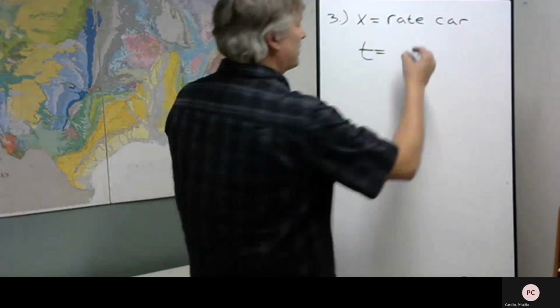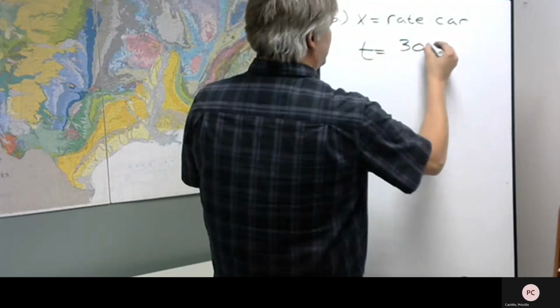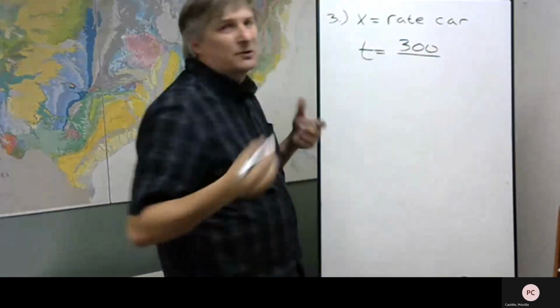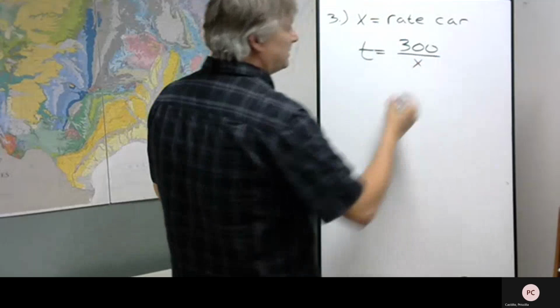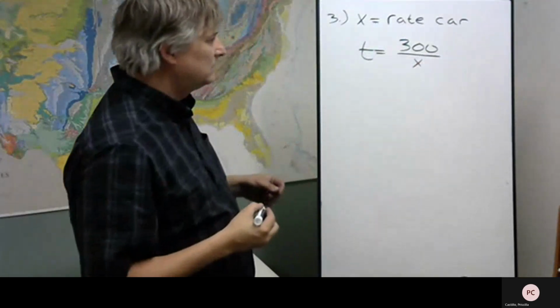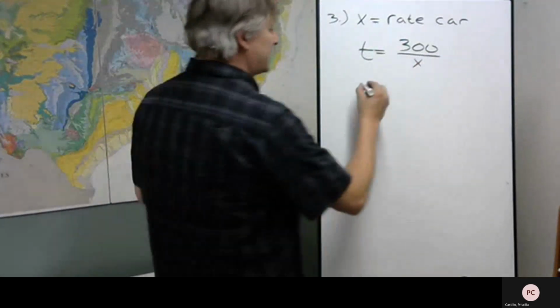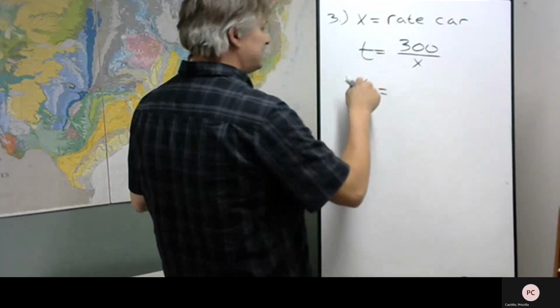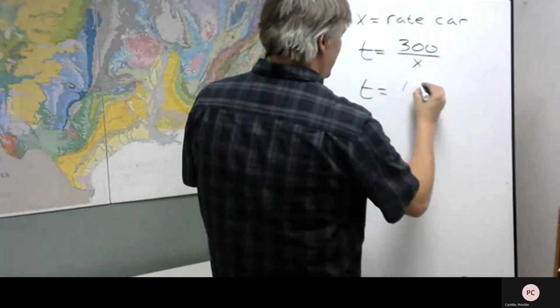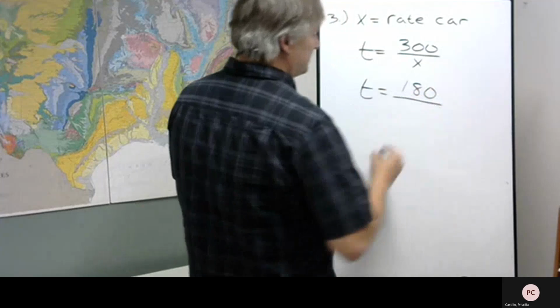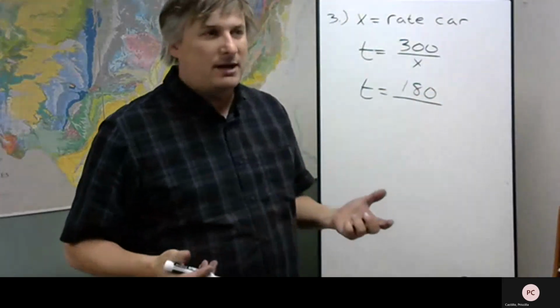So for the car, it traveled a distance of 300 miles, and unfortunately, we don't know the rate. We called it x. So it's an unknown rate, x. Now, in the same amount of time, so I'm using the same t here, the bus went 180 miles, and then what's the rate of the bus?